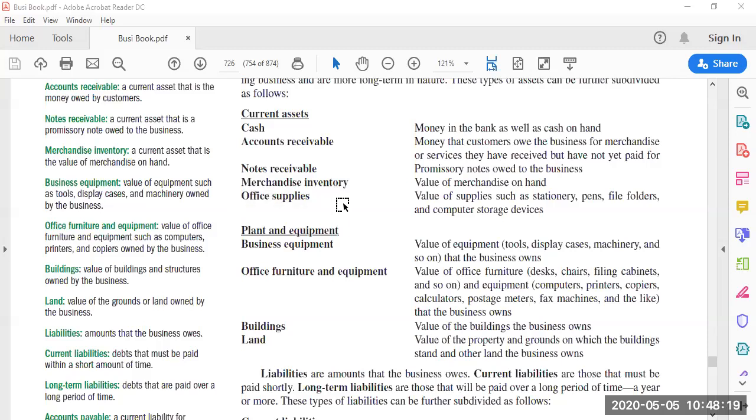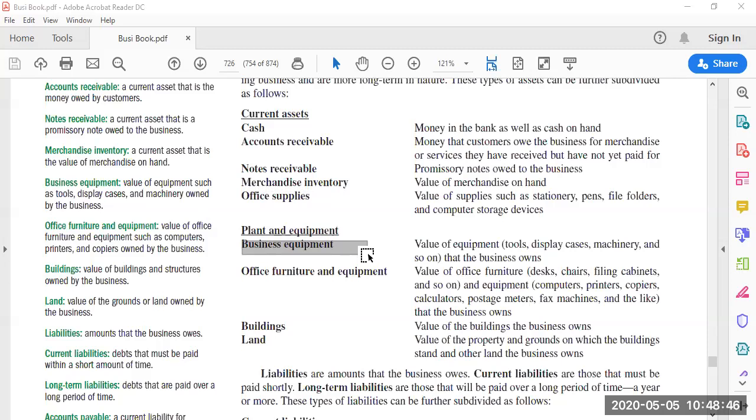Now, the next part of the asset group is a category that we call plant and equipment. But from an accounting standpoint, we call it plant, property, and equipment. Under this category, we have business equipment. Business equipment are equipment that the company uses in the course of business.